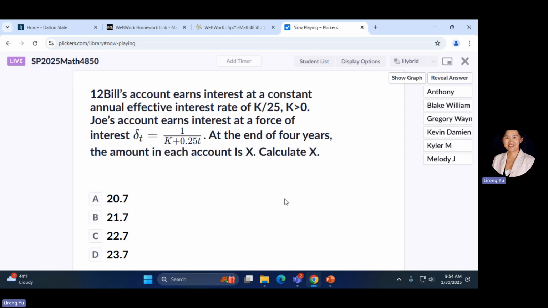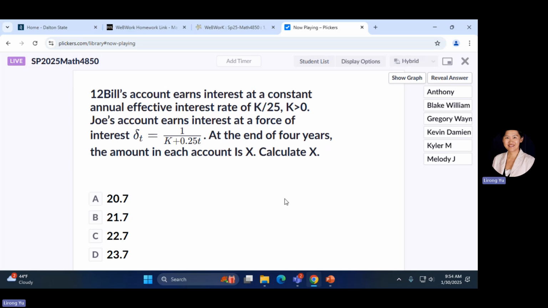The natural log will cancel the e, so I have A(t) equal to 1 plus 0.25 t over K to the power 4. Any questions? All right, so you have to solve for the K.